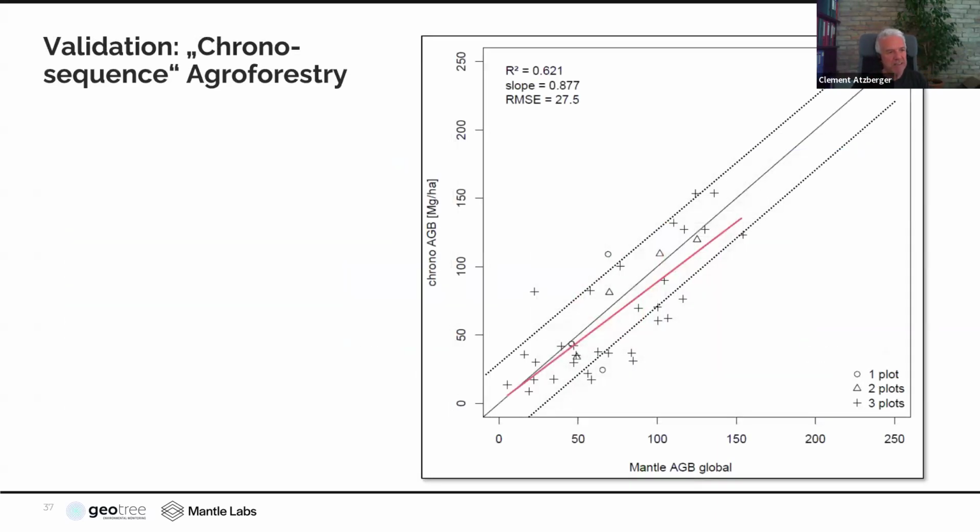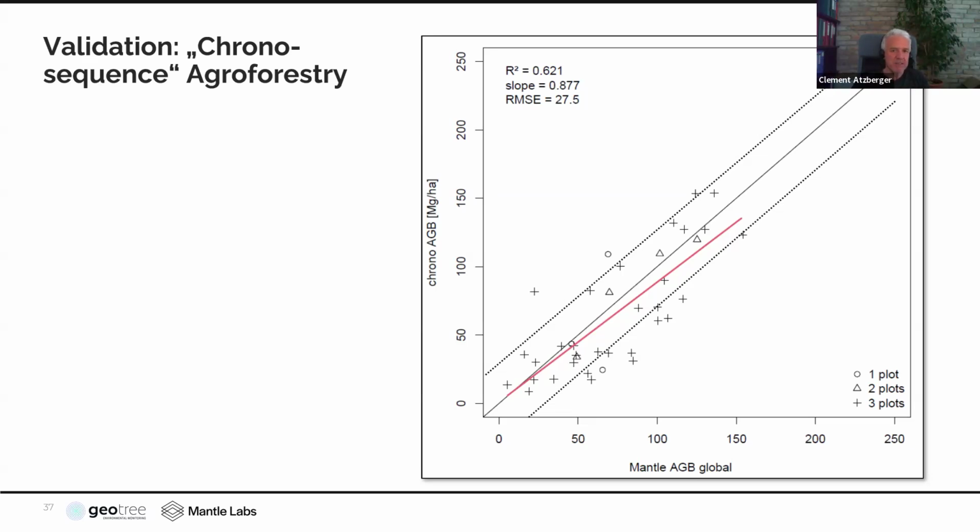We had only this data set available here. This is from our project in Pará State, where for roughly 40 different agroforestry plots, they did some field measurements, right? They delineated 30 by 30 meters, and then used classical field inventory to estimate AGB.